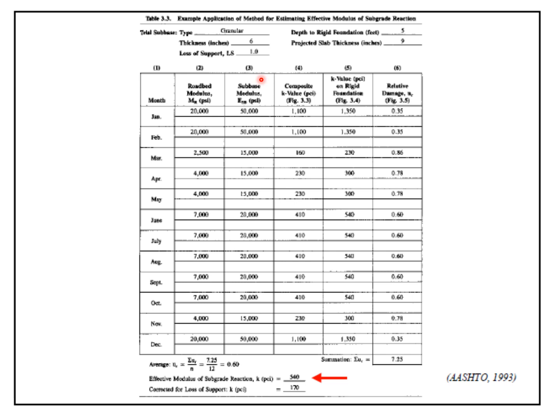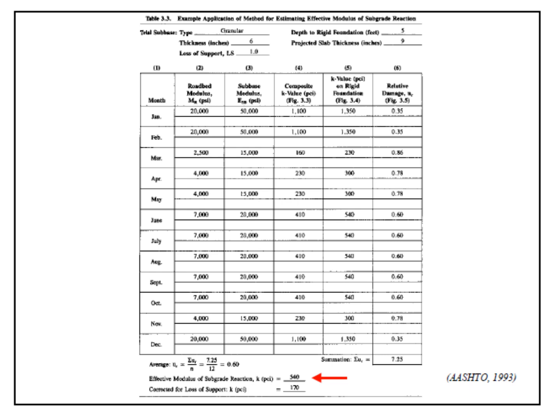Column 3 is the subbase modulus ESB. Column 4 is the composite K value in PCI by using figure 3.3. Column 5 is the K value in PCI on rigid foundation by using figure 3.4, and this is the relative damage U sub R using figure 3.5.